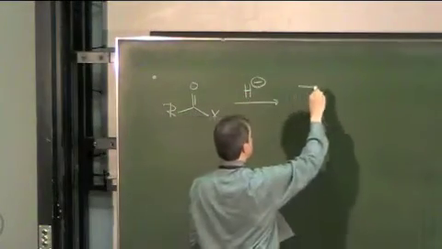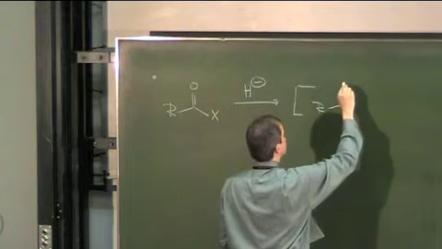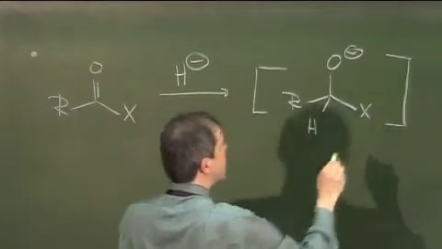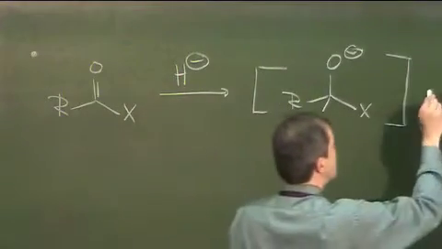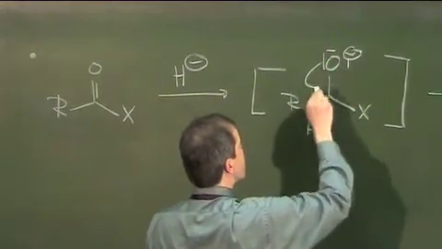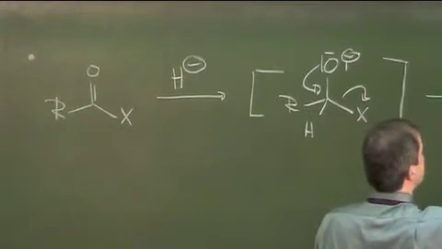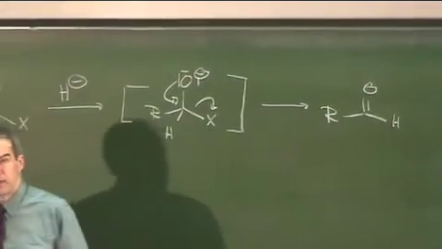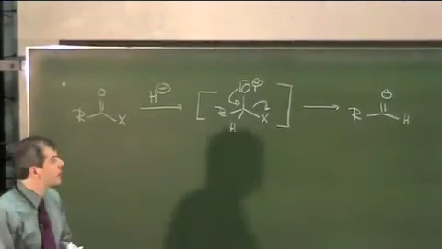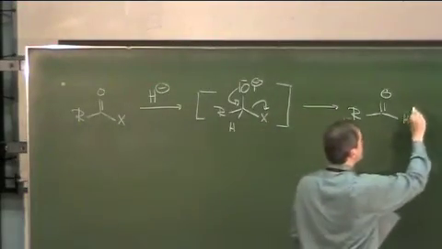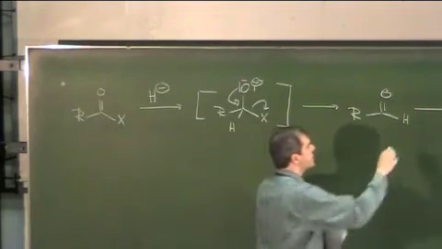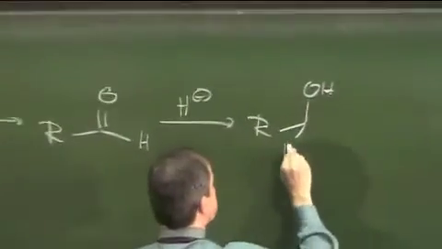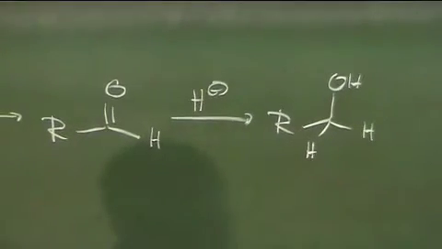In this particular case, we are going to add hydrides to a carbonyl compound, where the tetrahedral intermediate we are forming is able in principle to break down to form an aldehyde, which then can undergo reduction again to give us the alcohol.